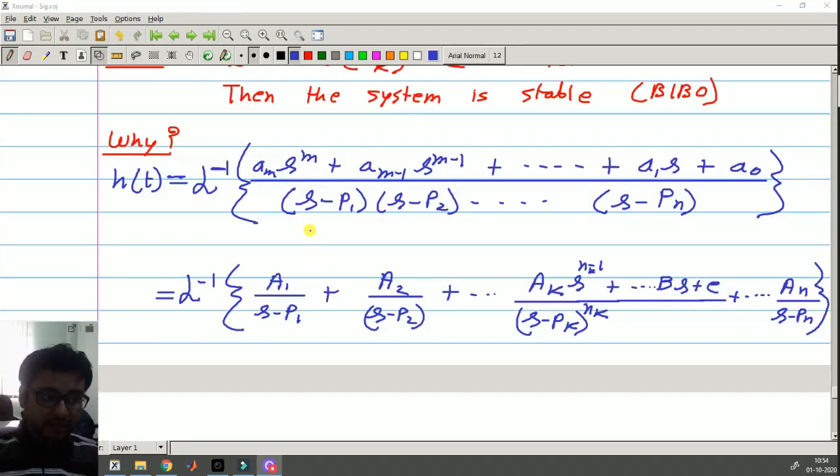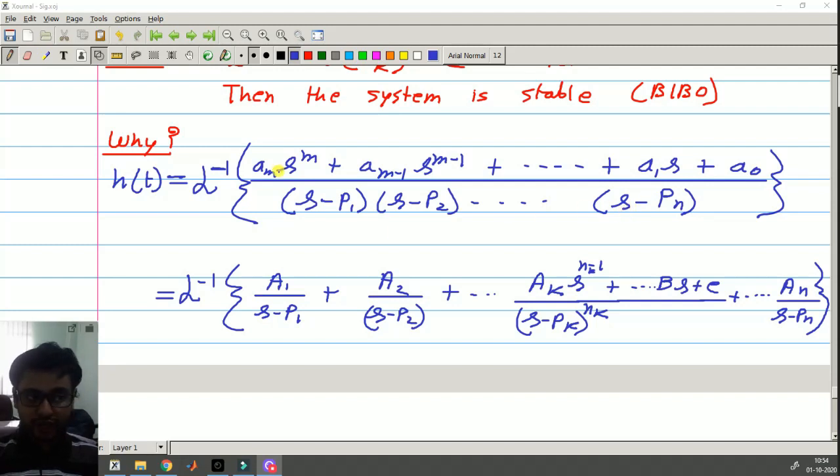Now it is possible to write this ratio of 2 polynomials using partial fractions, because we have assumed the degree of the numerator to be less than the degree of the denominator.